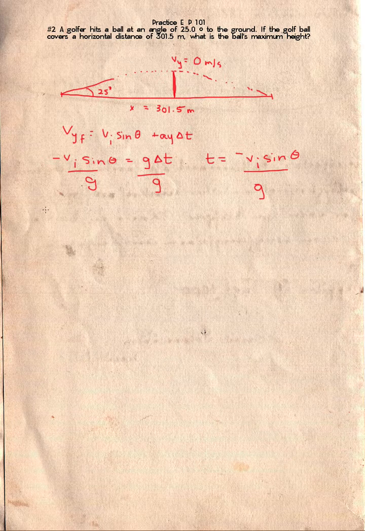So let's go ahead and use that formula that says that the change in x is equal to VI cosine theta, times the change in time.